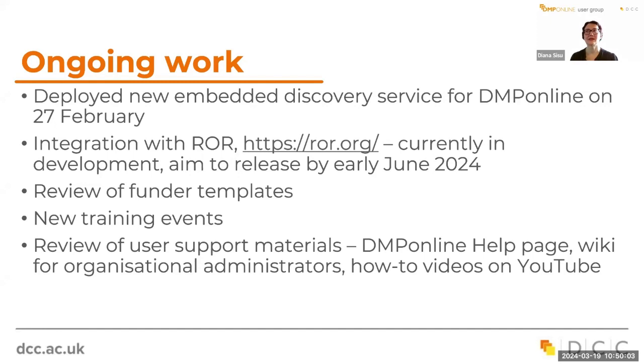We feel that they're a bit wordy, but there will always be a big volume of content because we have to offer organizational administrators a lot of support. So perhaps putting them on the DMPonline tool webpage will make them too heavy. The DCC website could be a better alternative. I don't know. It would be nice to hear what you think.